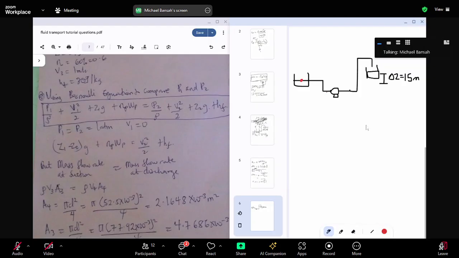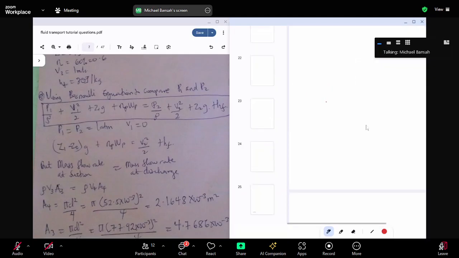At this point, let's say 1, and this point, let's say 2. Now knowing 1, 2, that is P1.